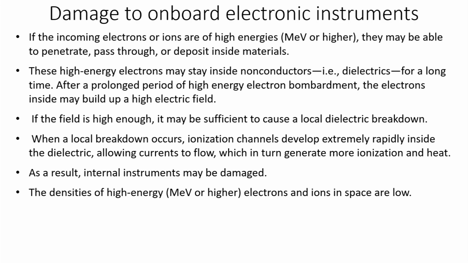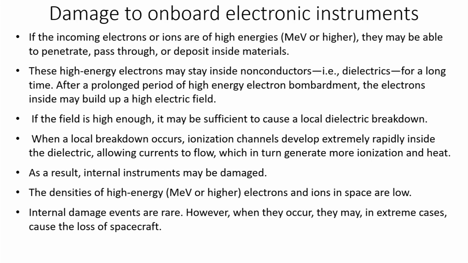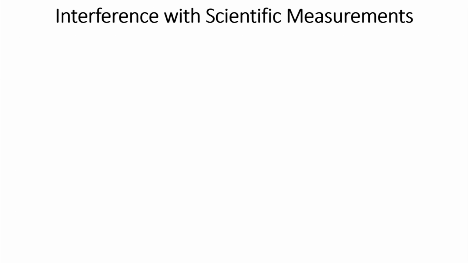The densities of high energy electrons and ions in space, whether mega electron volt or higher, are generally low, but since they are very energetic, they can enter the spacecraft. Internal damage events are rare; however, when they occur, in extreme cases they can cause the loss of the spacecraft.